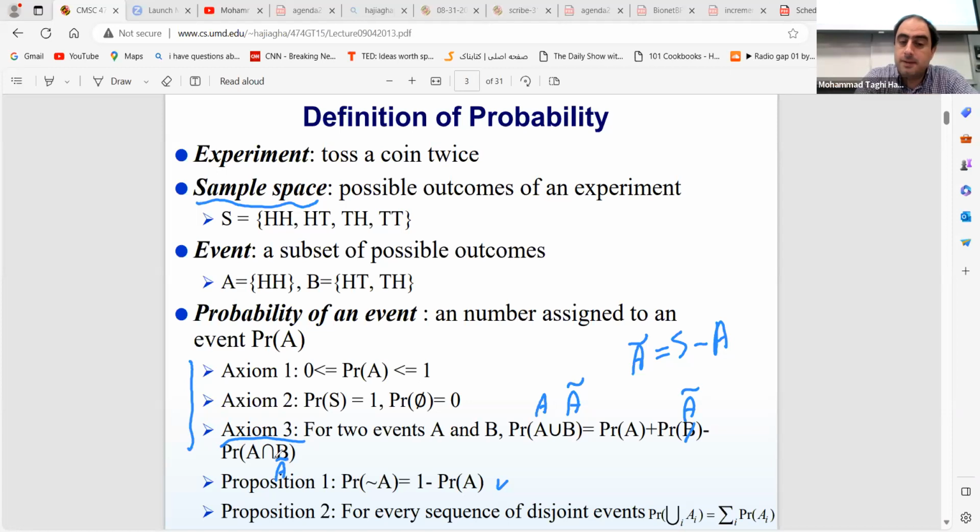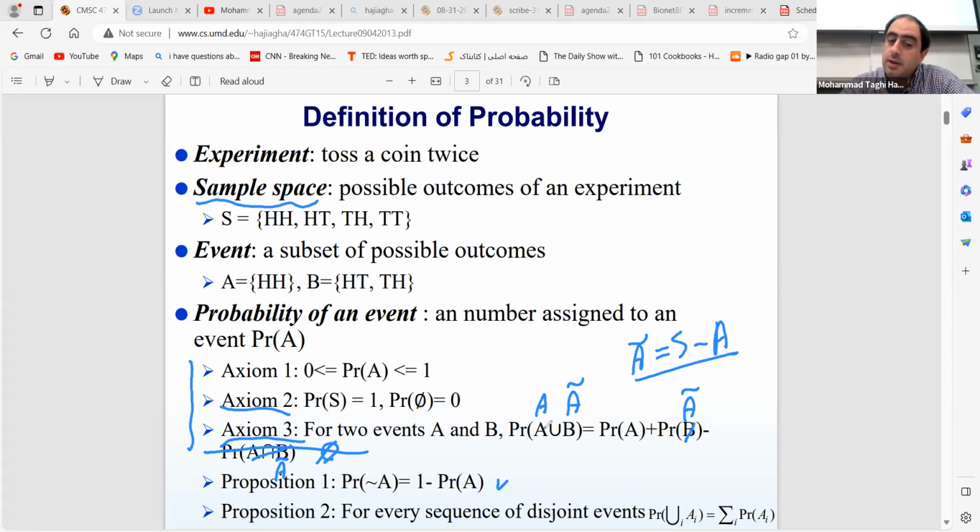By definition, this intersection is the empty set. Now we use axiom 2: because the probability of the empty set is 0, the whole thing cancels out.